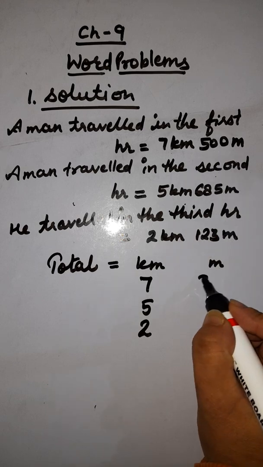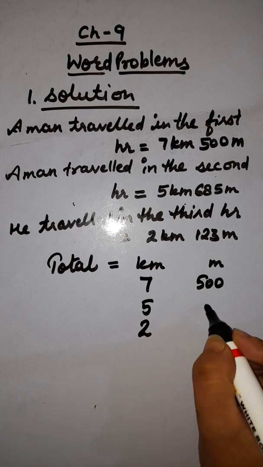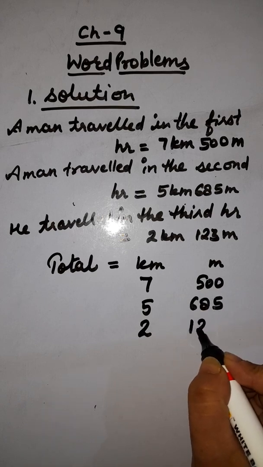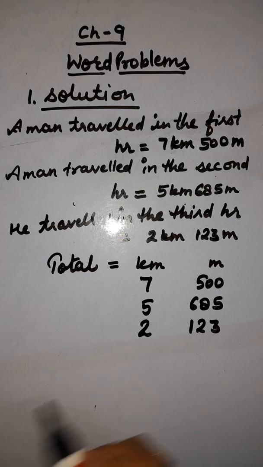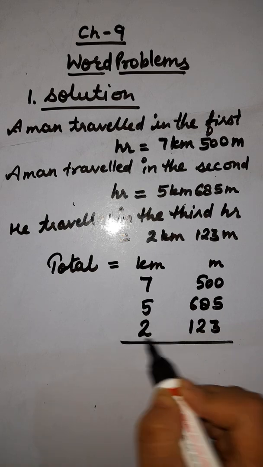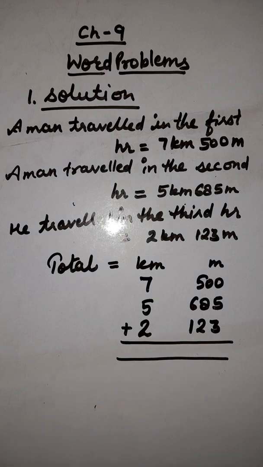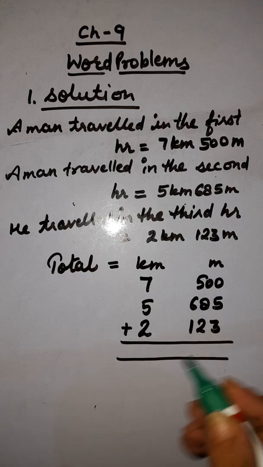Here 500 meter, 685 meter and 123 meter. Now we'll add. Okay, we'll add these numbers. So start adding from the ones place.